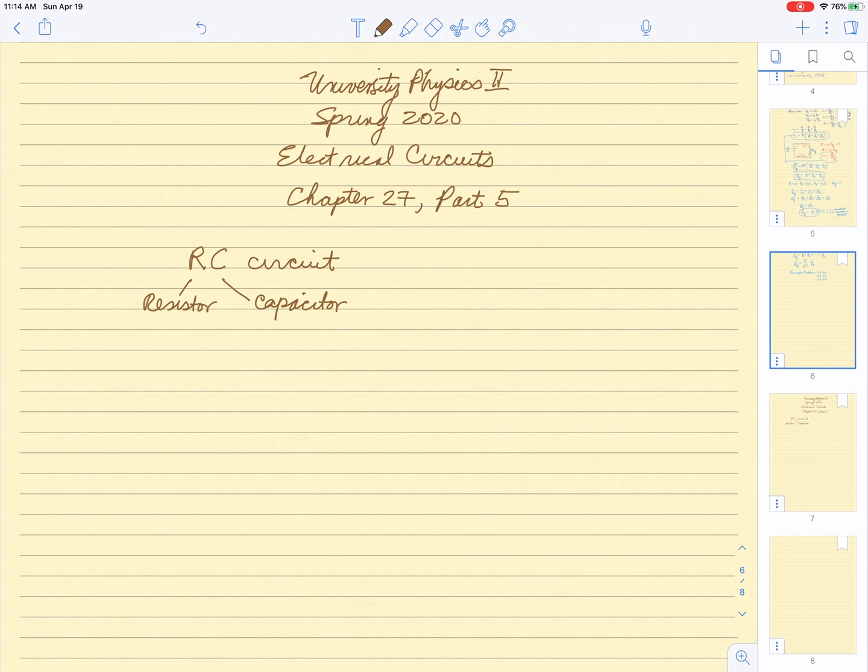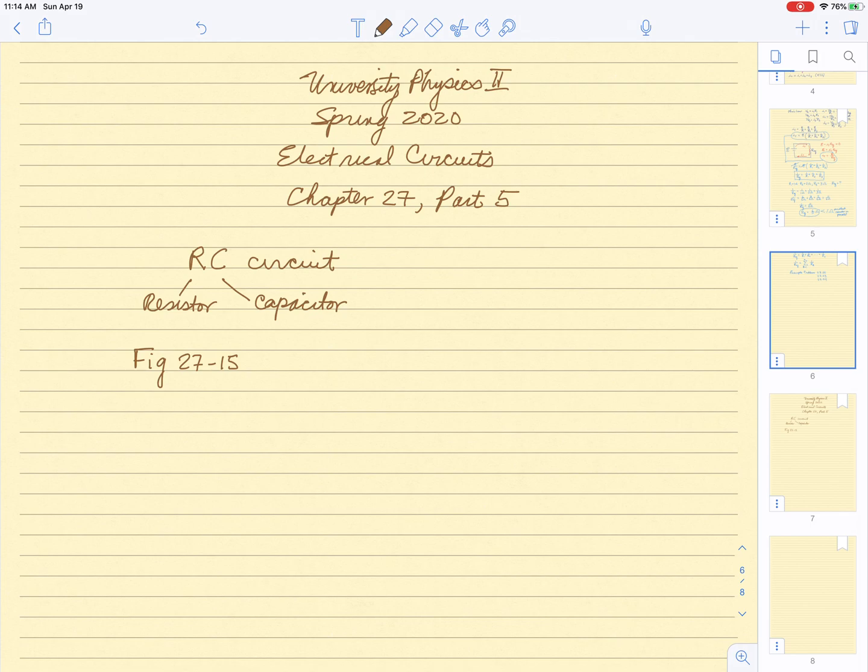I'll draw it as your book does, so I'll use figure 27.15 to open up the discussion, but then I'll draw two circuits from this that will simplify the discussion.